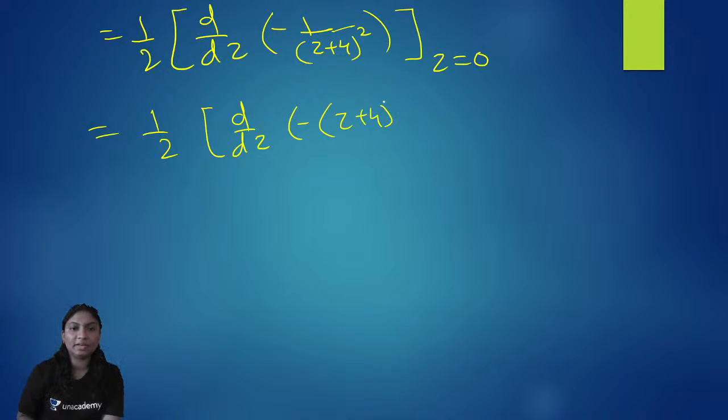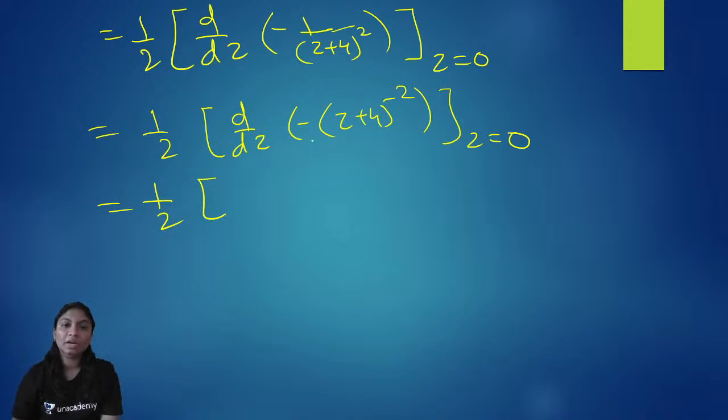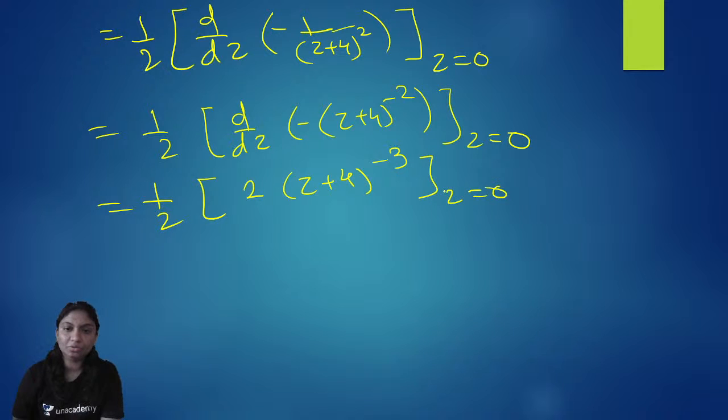Now again we differentiate: 1 by 2 into the derivative of minus 1 upon z plus 4 whole square, where the derivative of z plus 4 is 1, at z is equal to 0.